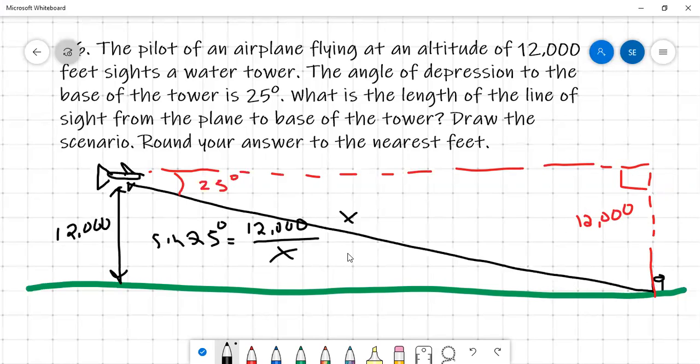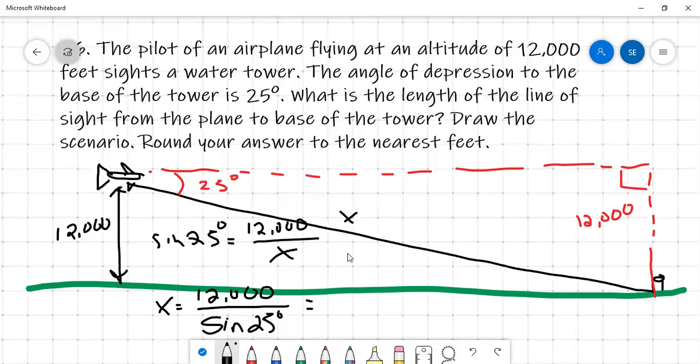Now, I'm going to skip some algebra steps because I assume that you guys can do that, but we're going to multiply both sides by x and then divide by sine of 25, and we're going to get x is equal to 12,000 divided by the sine of 25 degrees.